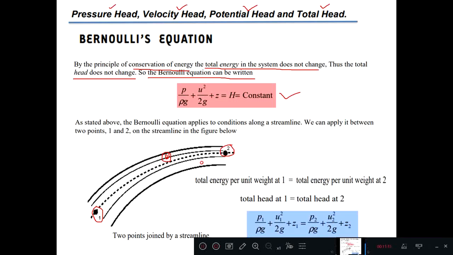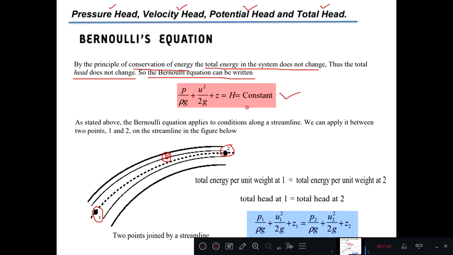Fortunately, for many real situations where the conditions are approximately satisfied, the equation gives very good results. So whatever restrictions Bernoulli's equation has, it is hard to apply exactly in reality, but for some fluids it can be applied and the fluid flow can be analyzed.